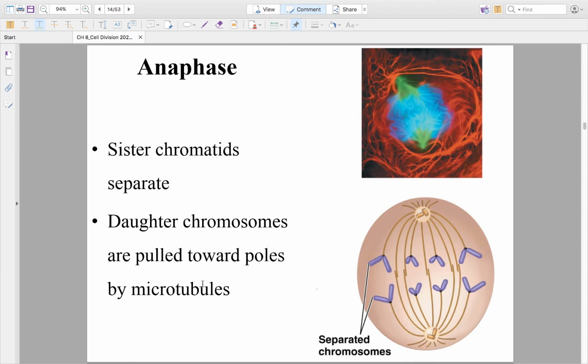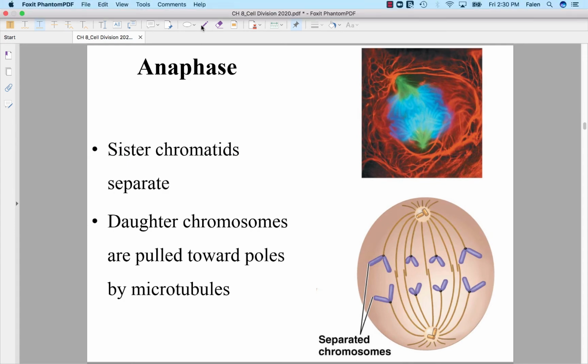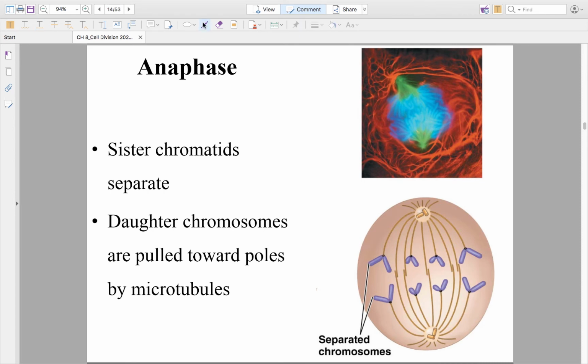Okay, anaphase. So what happens here? Pretty straightforward. This mitotic spindle was not always there. It grew out of the centrioles, and in turn, it can retract or shorten and move this way. If both sides, the North Pole centriole and the South Pole centriole, have their mitotic spindle shorten on both ends, it's going to pull the sister chromatids apart.